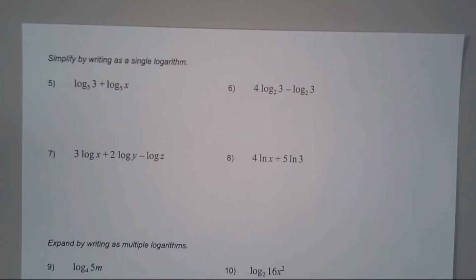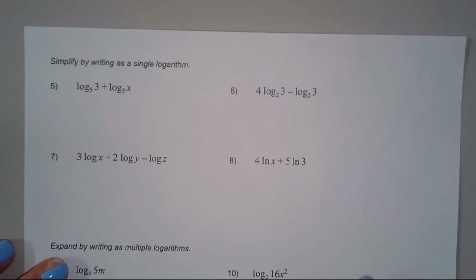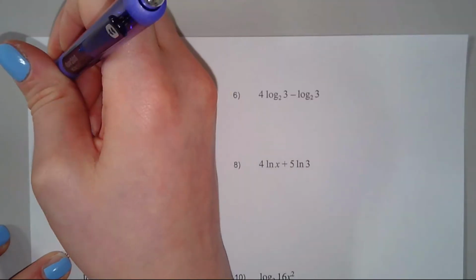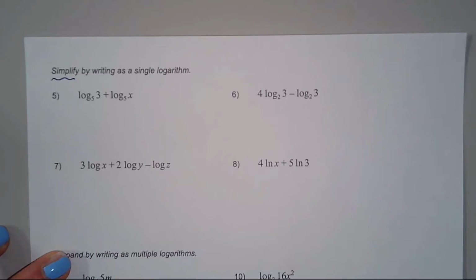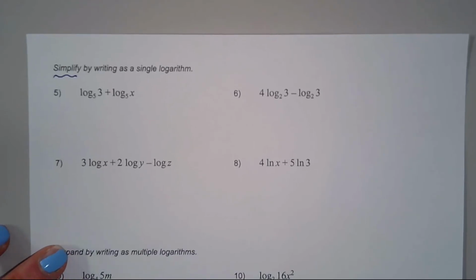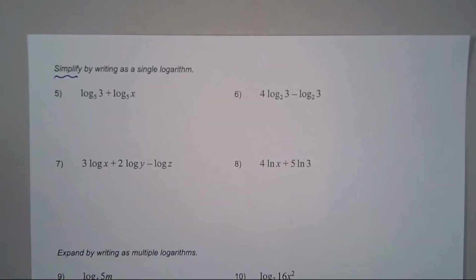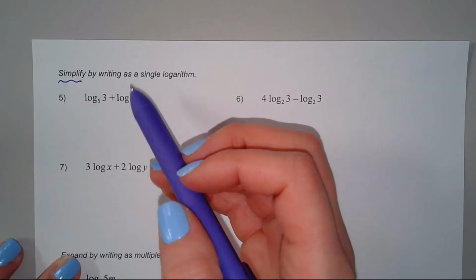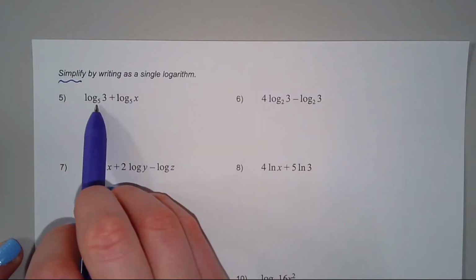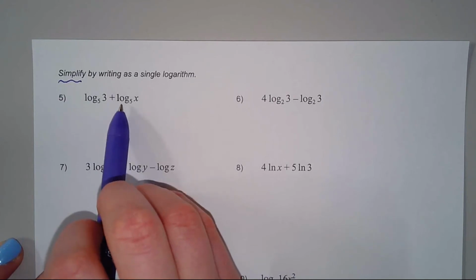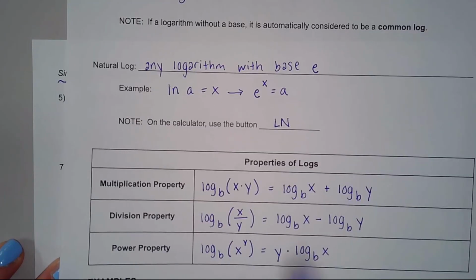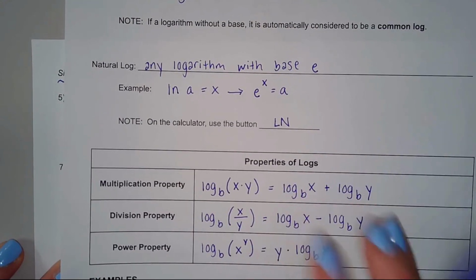The first thing that we're going to take a look at is simplifying logarithms. To simplify means to make them into one logarithm. So my goal in simplifying here is to get a single logarithm at the end. Here we note we have the same bases, a 5 and a 5, and I see that we're adding. If we remember, addition correlates with multiplication, so this is the multiplicative property.